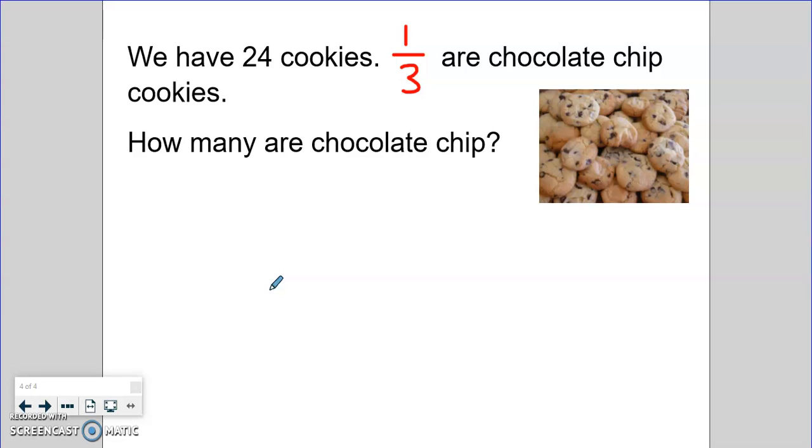Now here's the hard part. We have 24 cookies. 1/3 of those are chocolate chip cookies. Okay. How do I do this?